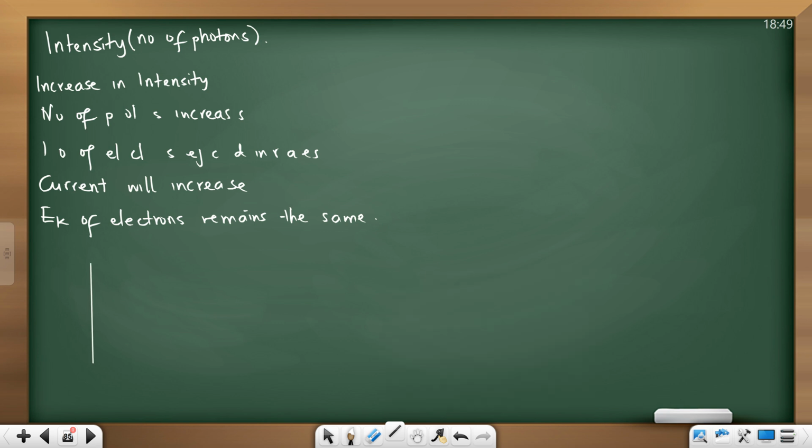So I'll draw the two graphs that explain this. Intensity, kinetic energy, intensity, and current. This one will not change, but this one will increase.